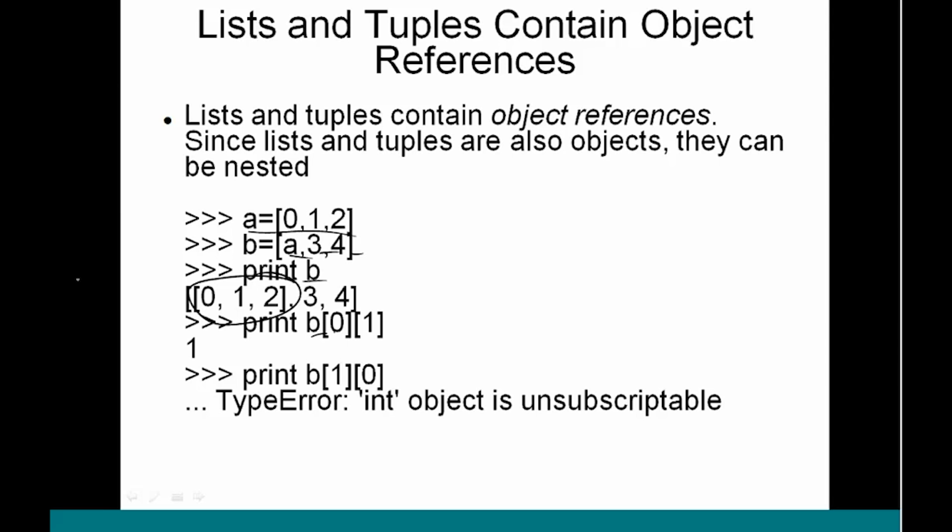If you print B[0][1], it prints 1. If you print B[1][0], that results in an error. So the [0][1] is this object.